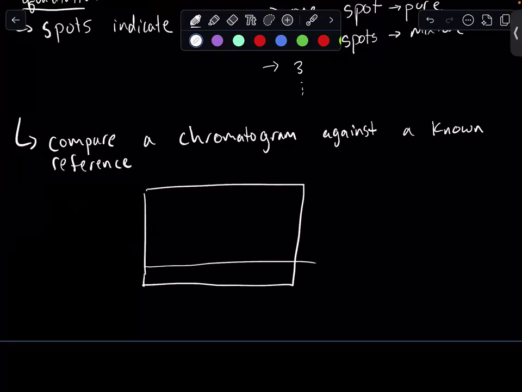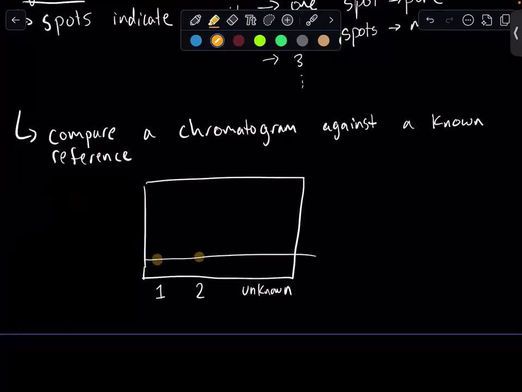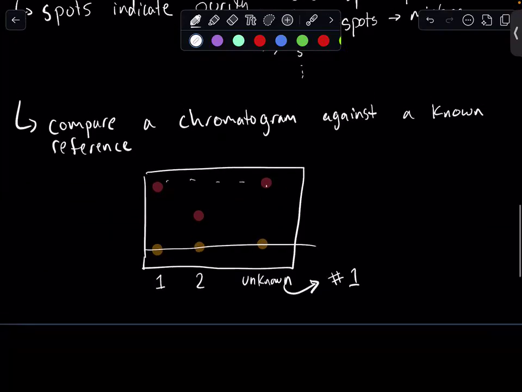So we've got our starting line, and we say this is sample 1, this is sample 2 that we know, and this is unknown. And we get our nice chromatogram. This one goes up here, this one goes up here, and our unknown goes up here. Well, we know that our unknown is actually number 1 because it reaches the same point. However, it won't really tell us if it's very concentrated number 1 or very not concentrated number 1.